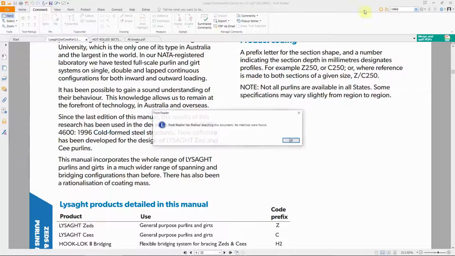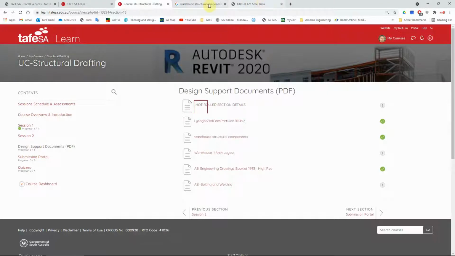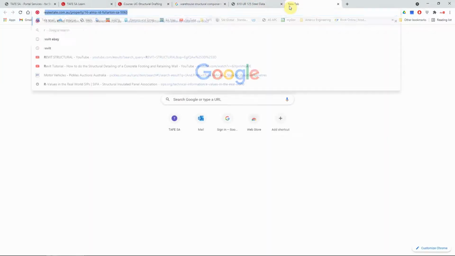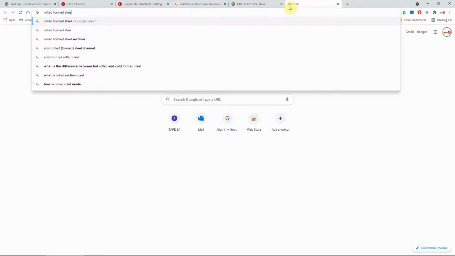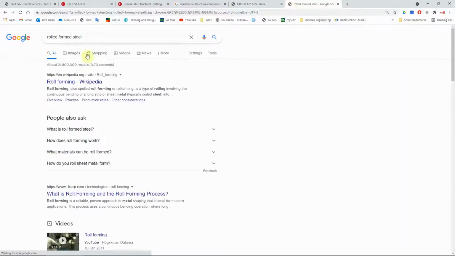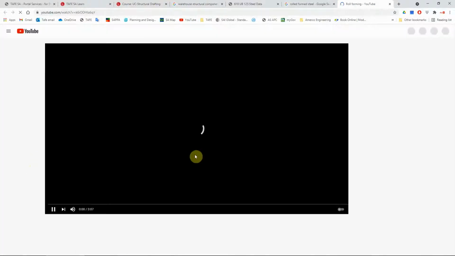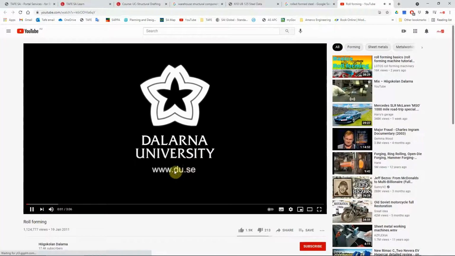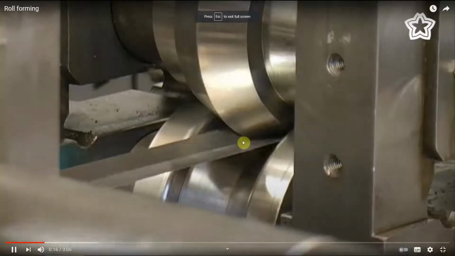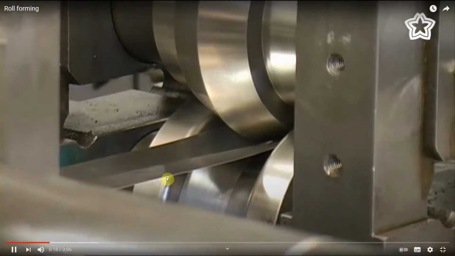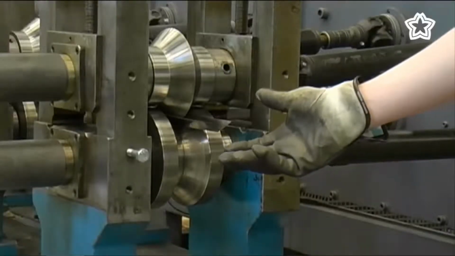The other common name for them is rolled form steel. Why did they get this name? Because that's how we form them, using roll formers. This is a Dalarna University production. Roll stands change the sheet's shape. The sheet undergoes what is called profile bending.